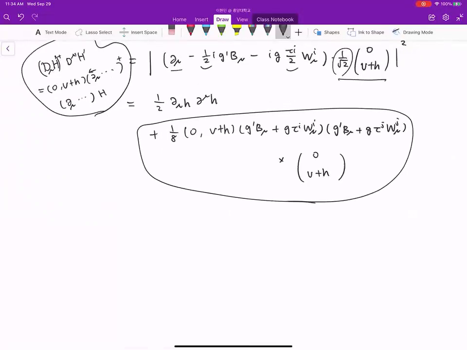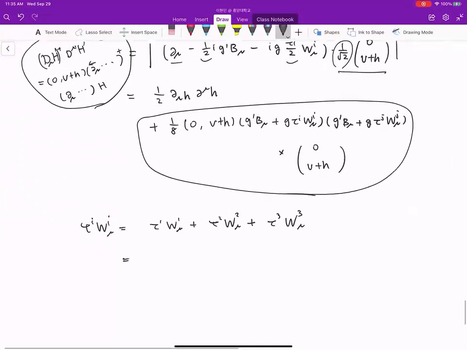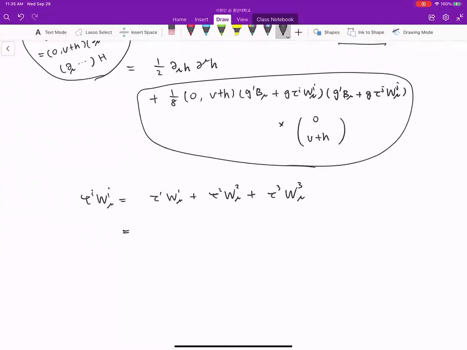Let me expand the SU(2) part. The SU(2) part is written in this form, right? Tau 2, tau 3. So the Pauli matrix is this, right?